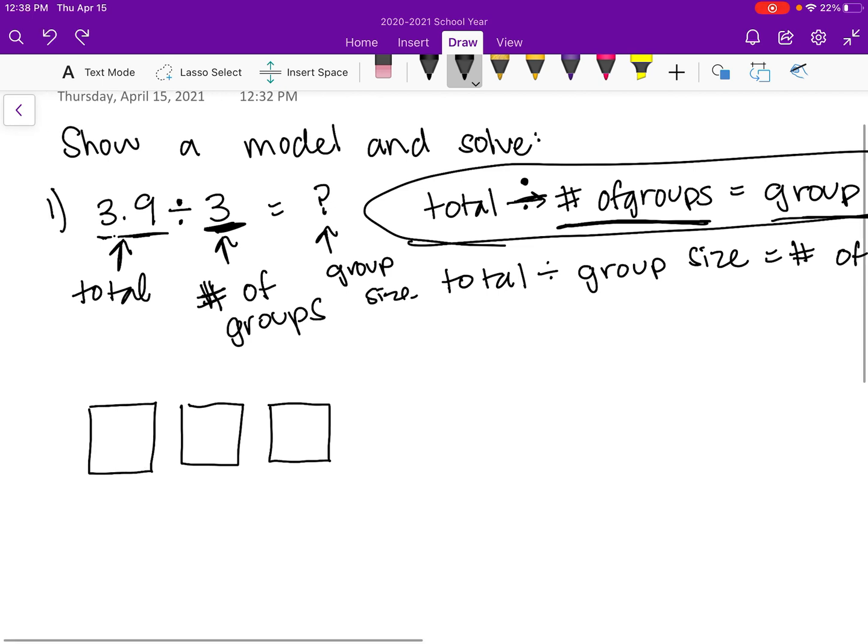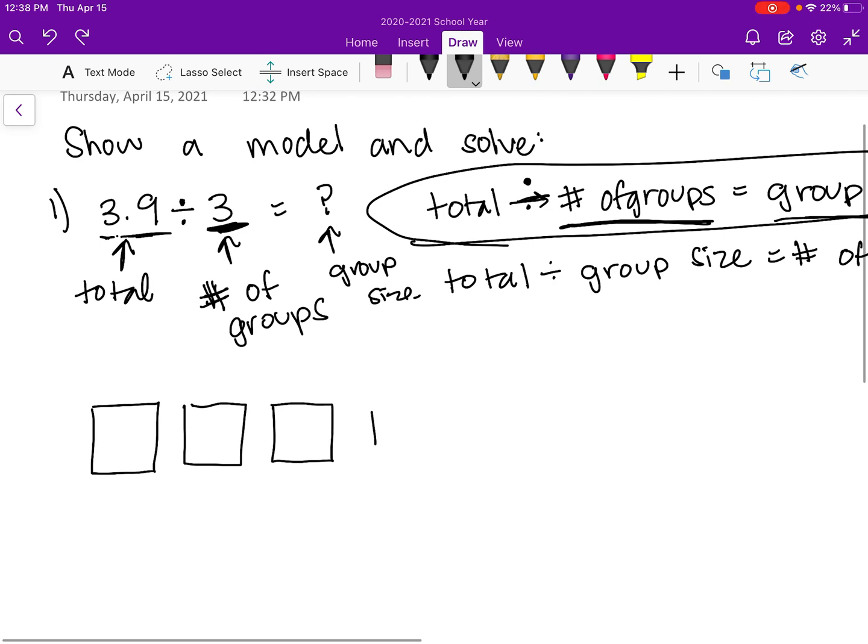My tenths, 9/10, are represented with lines. If you can think of the base 10 rods, they have 10 little tiny squares on them. So that represents my tenths.